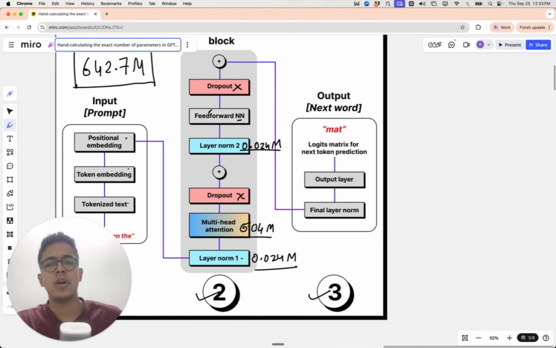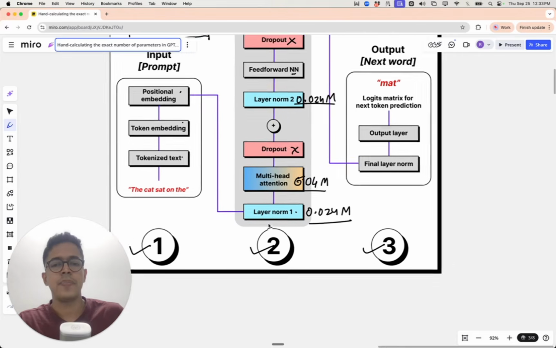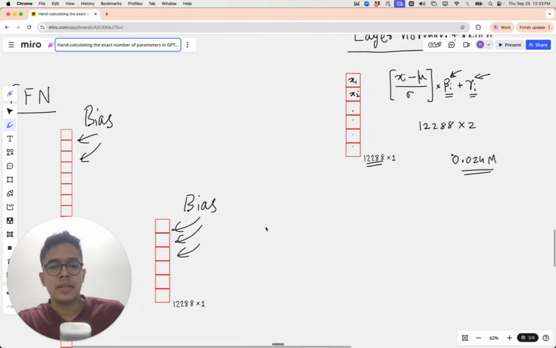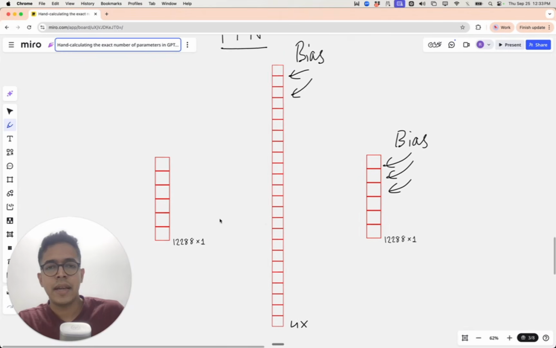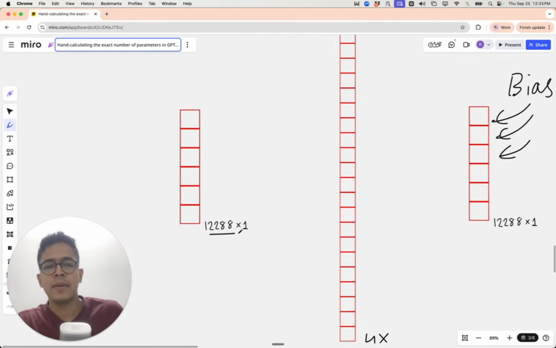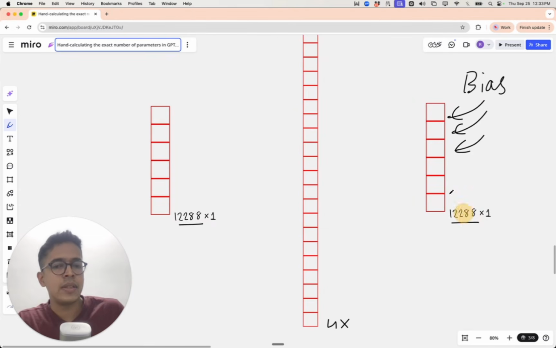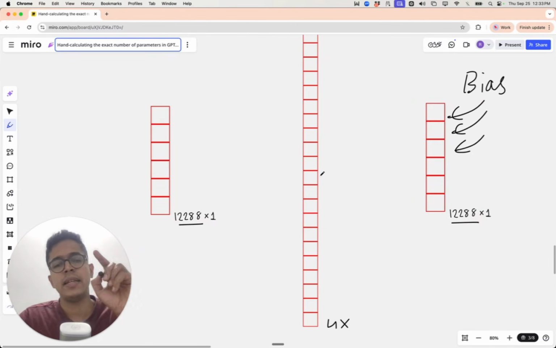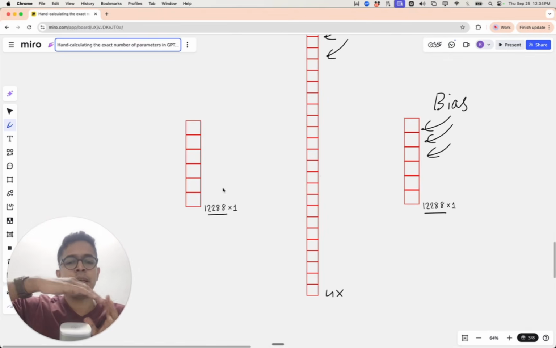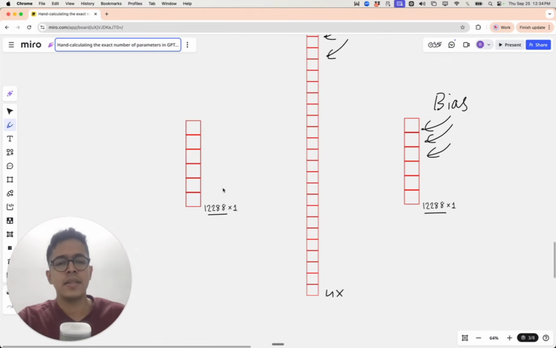Now what else? Now we have the feed forward neural network. What the feed forward neural network does is its input dimension is again the transformed token, which is of 12288 dimension. Its output is the same. So this feed forward neural network does not change the final dimensionality, but what it does is it projects this incoming vector into a higher dimensional space of 4x the number of dimensions, and then it projects it back.